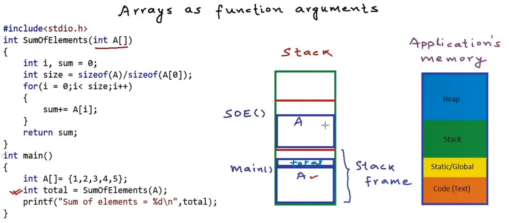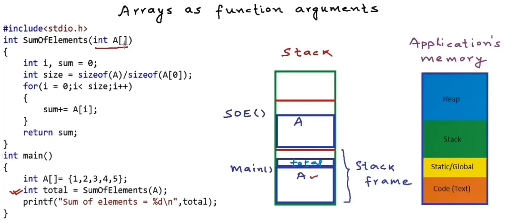So we would have another array named a taking 20 bytes in the stack frame of sum of elements, and it would have the same elements as the array a in the calling function main. But actually this doesn't happen.